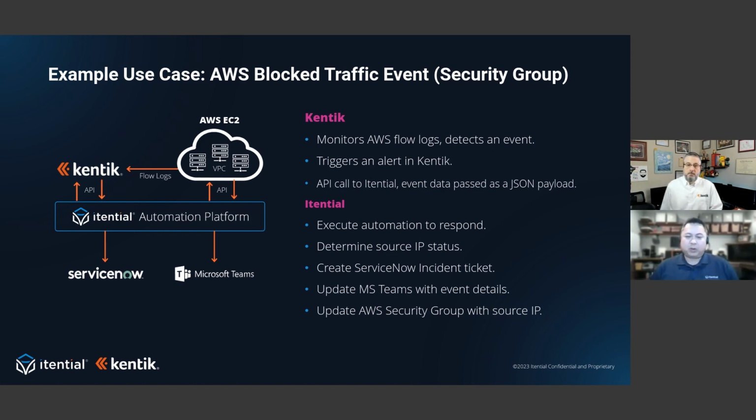Also talk to the notification system with MS Teams to document and alert the network team of what's going on, because a lot of times as you start utilizing more and more network automations, it's all about oversight, right? Oversight into what's going on with these automations, and then finally to actually make that change to the AWS security group. All right. So with that, let me flip over and share my screen here.